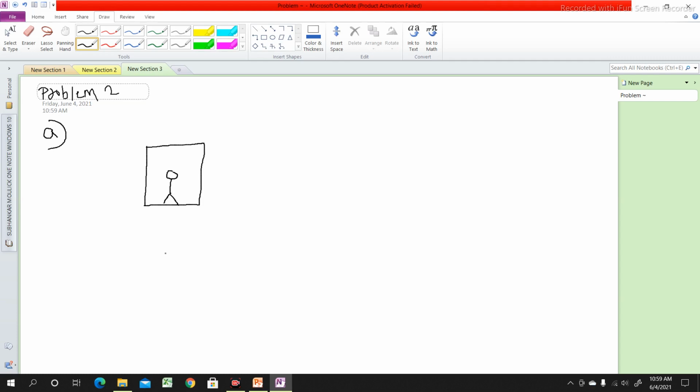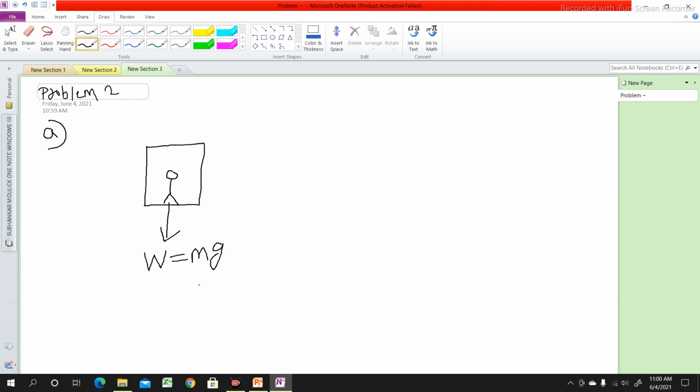Weight of the man is given to you, that is 750 Newton, and I know that weight will act vertically downward. So this is the weight of the man, capital W, that is equal to mg. Okay, fine. What is asked in the question? You need to find out the pressure or the force exerted on the floor of the lift by this man when the lift moves upward.